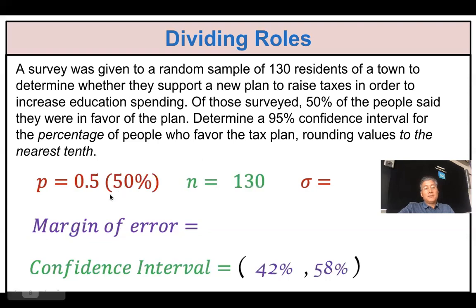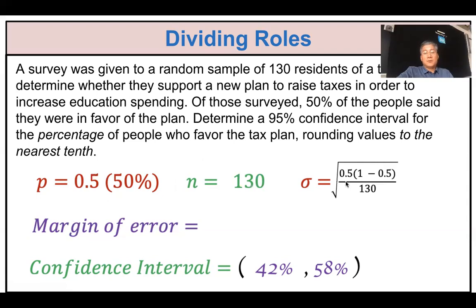So 0.5 is the 50%, and 130 is the sample size. How do you get the standard deviation? You put it into the calculator, and the formula, square root of p times 1 minus p divided by n, will be the standard deviation. If you do it, what do you get? The margin of error is 2 standard deviations.